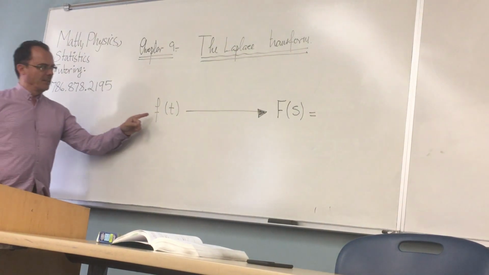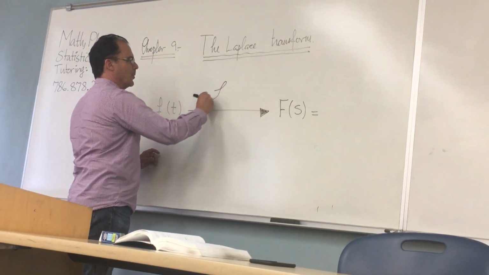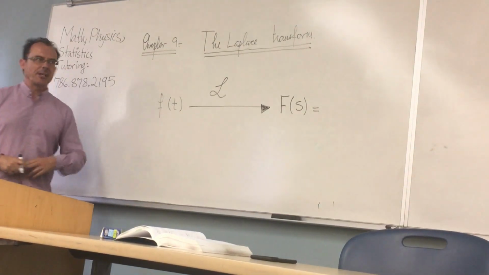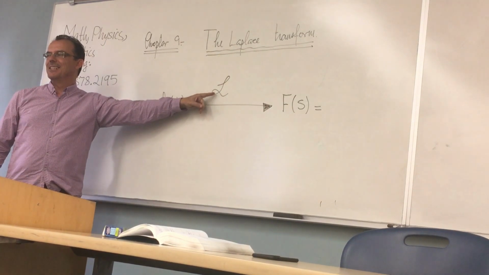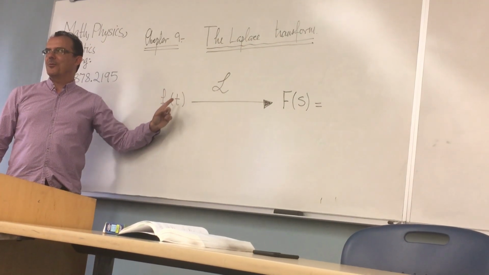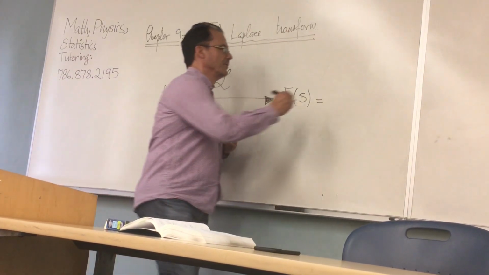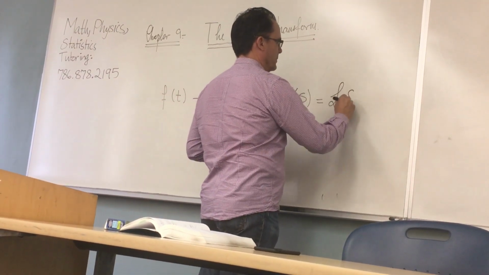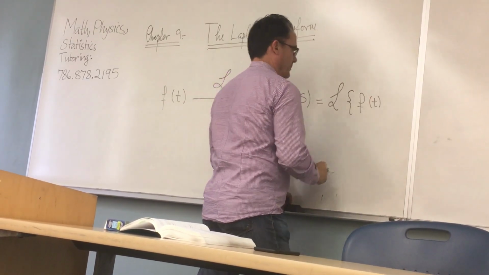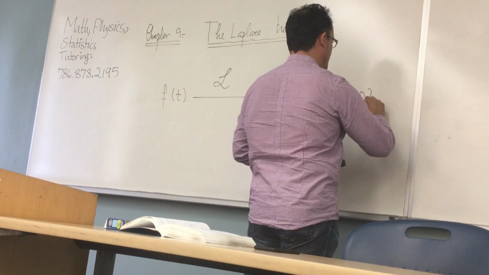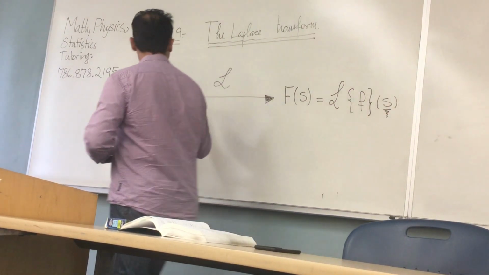So, you're given this, you apply, this is the symbol we are going to use for the Laplace transform, the script L for Laplace. You apply the Laplace transform of this, and you come up with the Laplace transform of the function f, which has a new variable s, right?